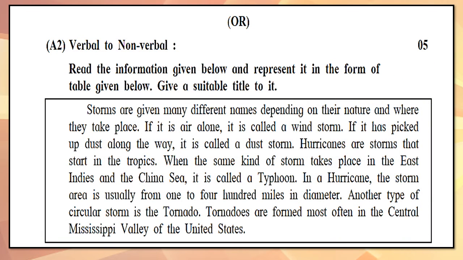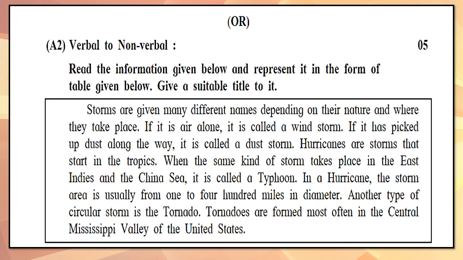Or the next part of the same question is A2. Here verbal to non-verbal. Read the information given below and represent it in the form of the table given below. So tabular form, and give a suitable title to it. Same question as I told you earlier, A1 and A2. In A1 we have to convert non-verbal to verbal. In A2 there is a question of converting verbal to non-verbal. A paragraph is given to you and you have to convert it into the tabular form.